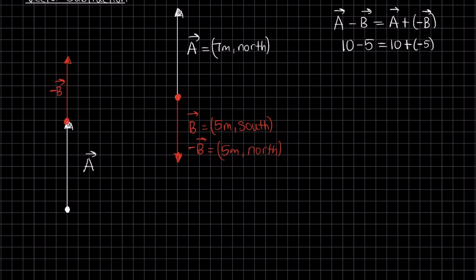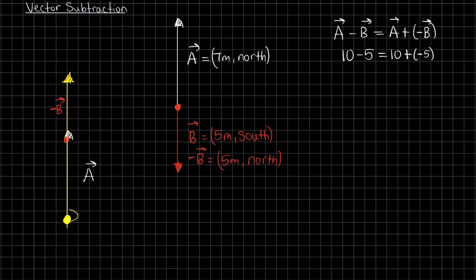So in total, my resultant is just from the very beginning to the very end. And that is a total of 1, 2, 3, 4, 5, 6, 7, 8, 9, 10, 11, and 12. So the quantity A minus B is going to be equal to 12 meters to the north. And that is the resultant that you can give any other name, C.